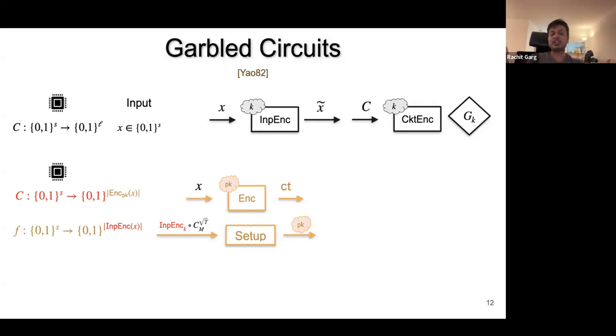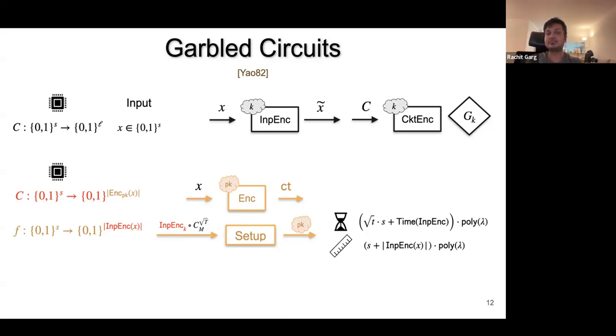The LFE would just be running the Turing machine square root t many steps, and outputting an input encoding under the same secret key K. So how long does it take to generate this public key? It takes square root t times s, because that's how much computation it takes to run this Turing machine for square root t many steps, plus the time to generate this input encoding.